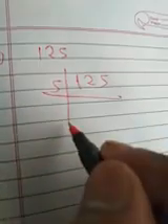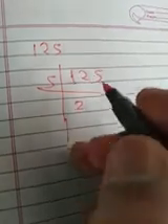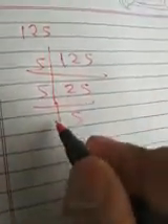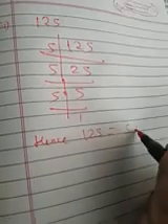Now 125 can be divided by 5. 5 5s are 25, again by 5, 5 5s are 25, and again by 5, 5 1s are 5. Hence 125 can be written as 5 into 5 into 5.